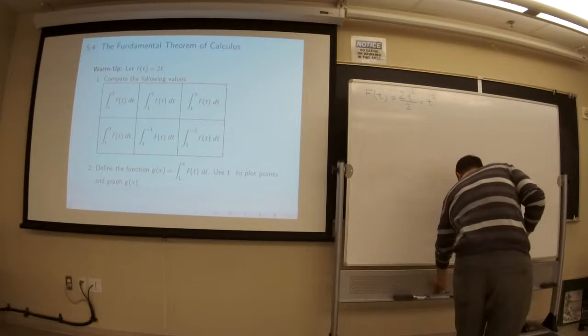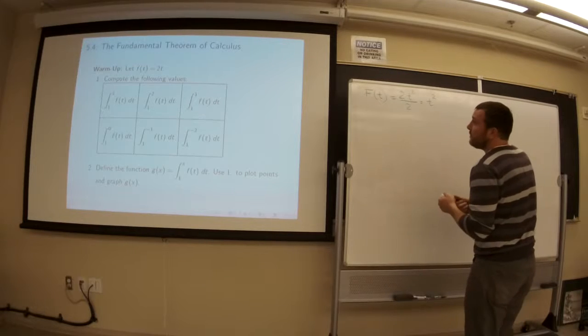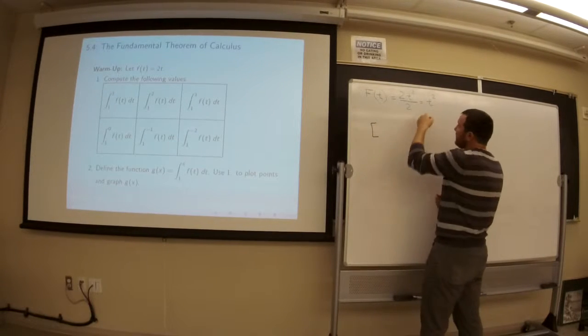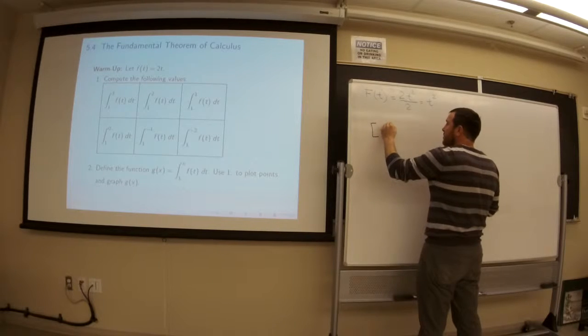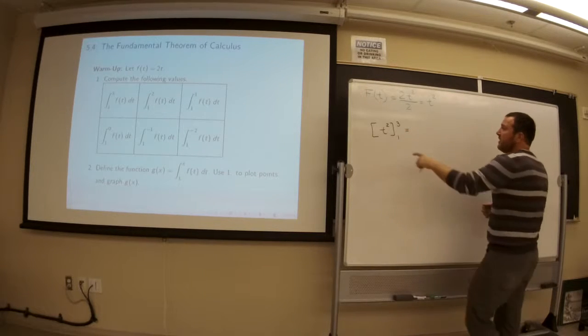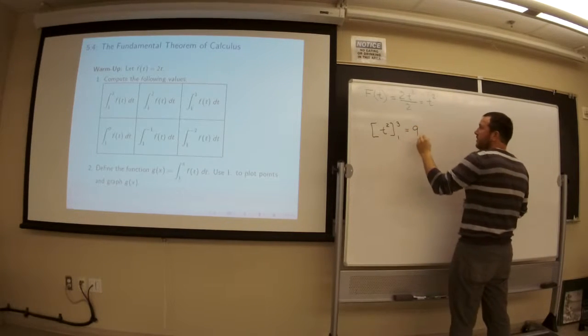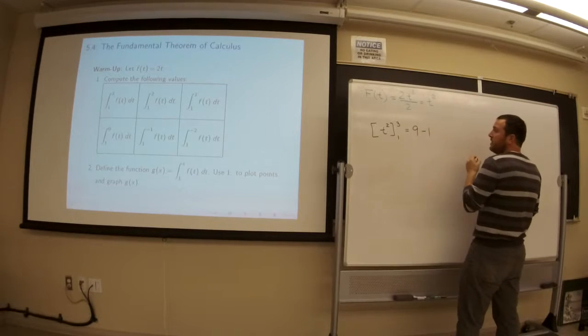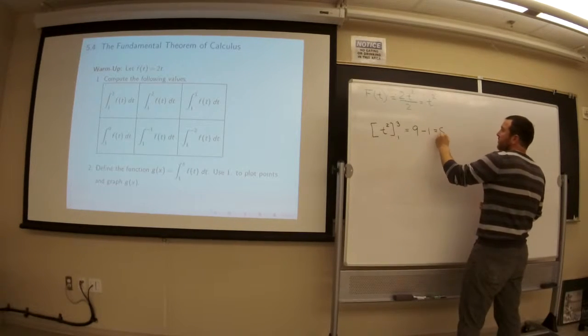So then for that first calculation, we'll want to calculate this antiderivative, evaluated from 1 to 3. So plug in our top limit first. 3 squared is 9, and then minus our lower limit plugged in, 1 squared is 1, and we'll get 8 for that first value.